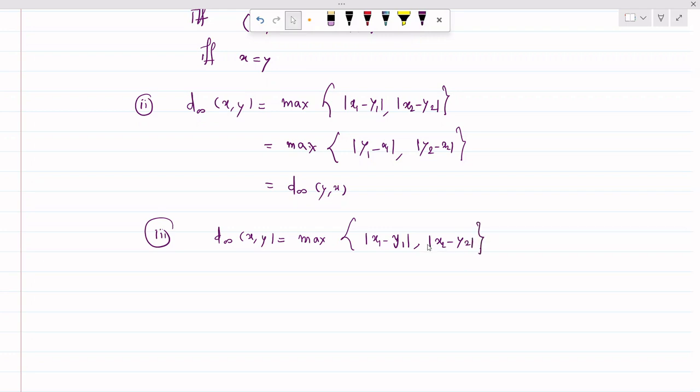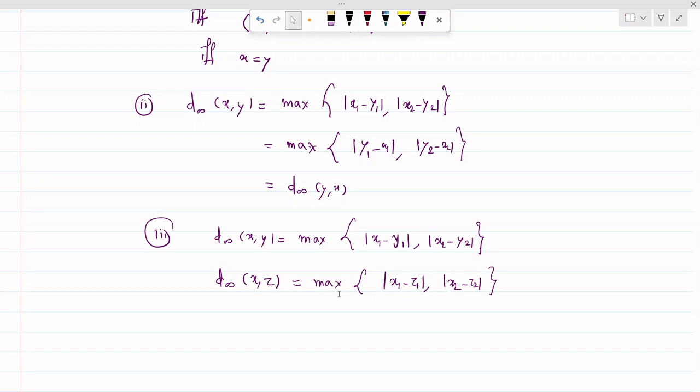Again, write down what is d infinity of x comma z. d infinity of x comma z is going to be the maximum of mod of x1 minus z1 comma mod of x2 minus z2.